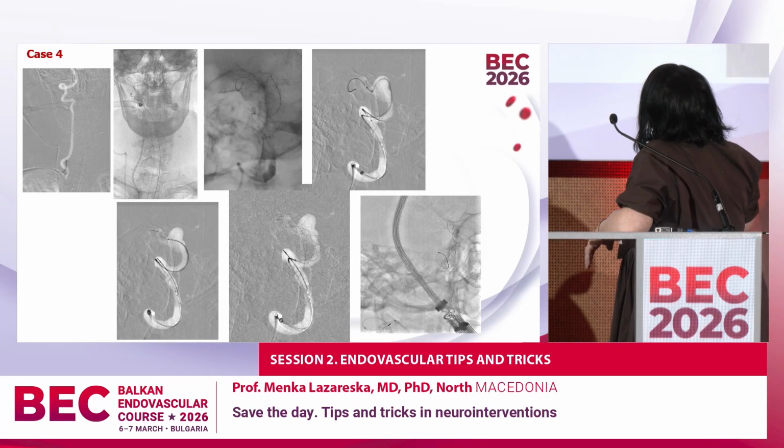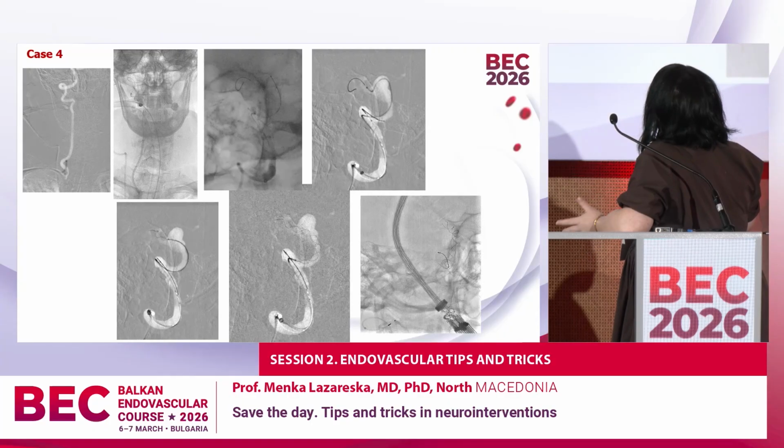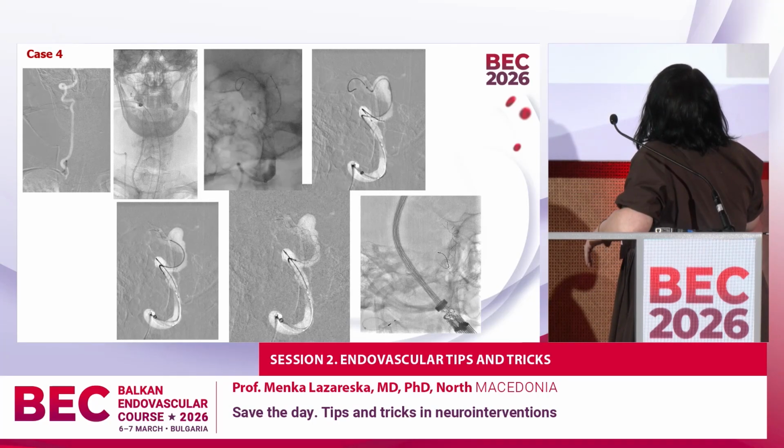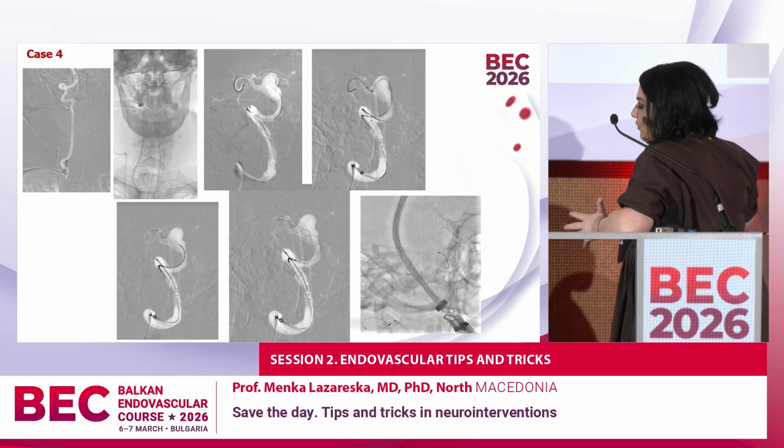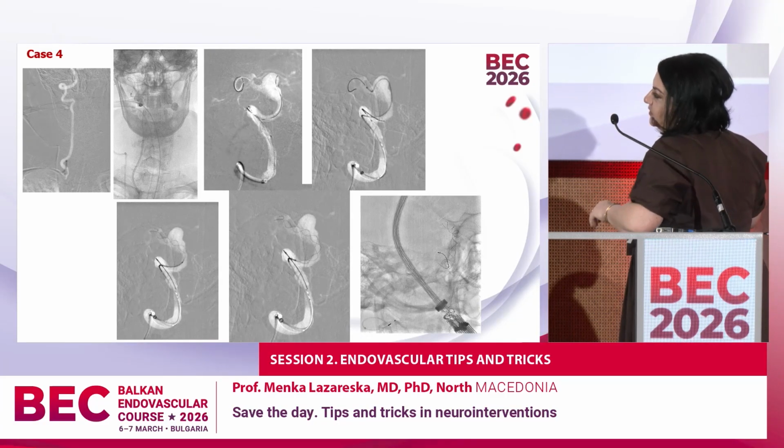This is the case with a very tortuous anatomy. We went with radial access because we think that it is better, because the brachiocephalic trunk was very tortuous, more than this, and we had to advance this long sheath, Neuron Max, deep in the vertebral artery, and the microcatheter, intermediate catheter, and everything was very hard to position, because it was shortening because of the loops and the kinks.